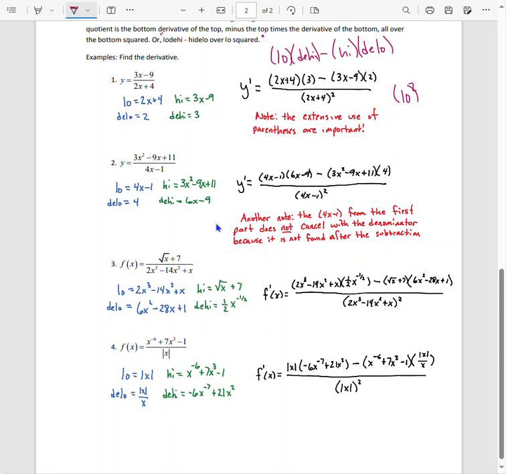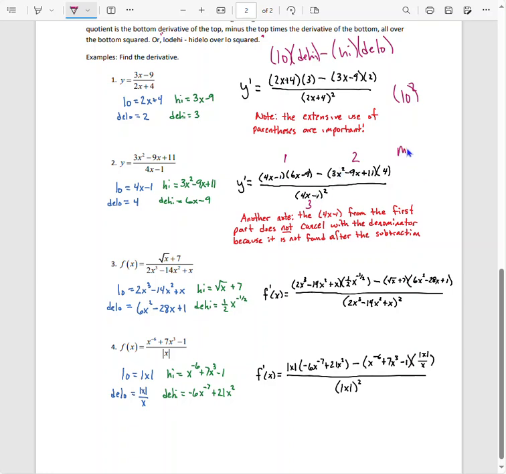Okay, now let's take a look at this. It's so tempting right here. See that 4x minus 1 and that 4x minus 1? You really want to cancel. But there are 3 parts to this. There's 1, 2, 3 parts. The 4x minus 1 from the first part does not cancel the 4x minus 1 in the denominator because it's not also in the third, in this part over here. So it must be a factor of all places to cancel from any place.